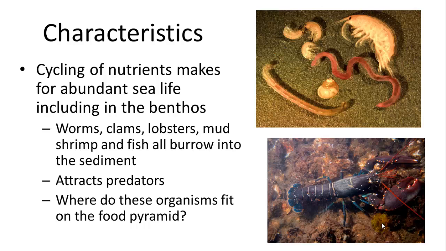And this diverse array of consumers then leads to the next level as well. So you have lots of predators which are attracted to the area and are also sustained by the diversity of life there. So these organisms, of course, are primary, secondary, and tertiary consumers on the food pyramid.